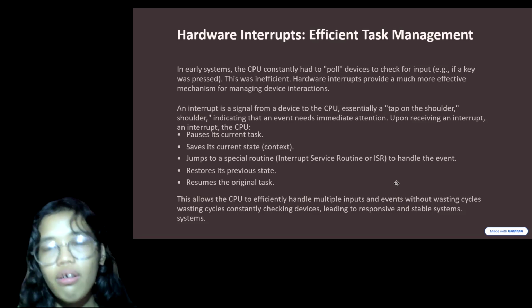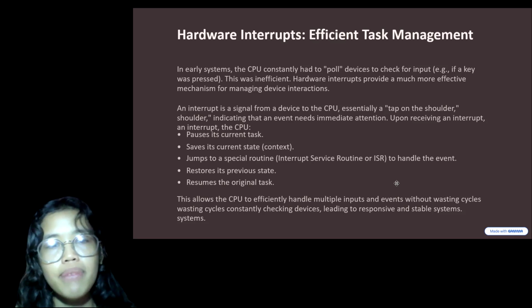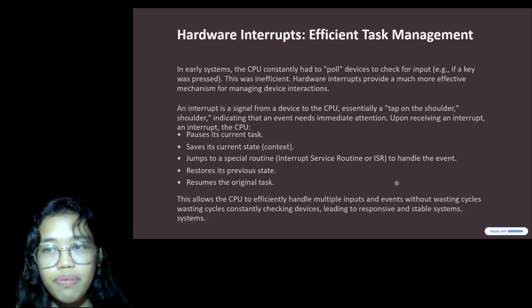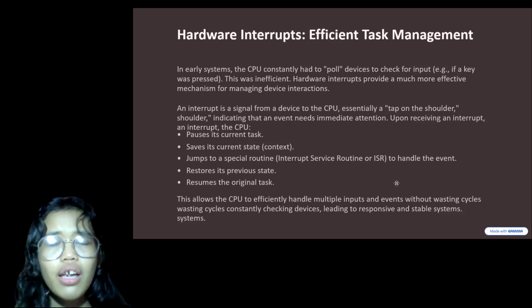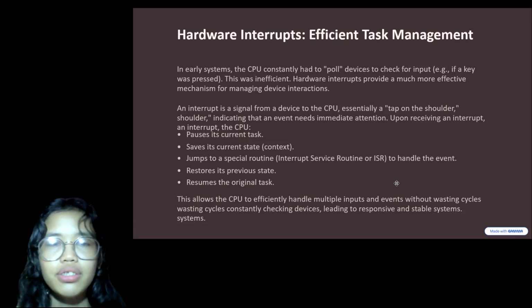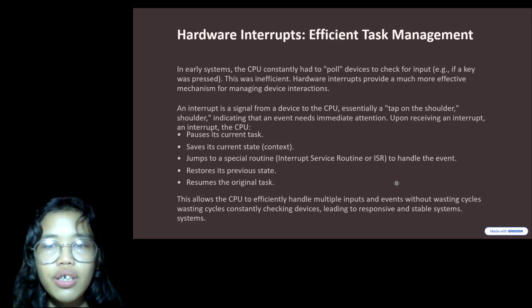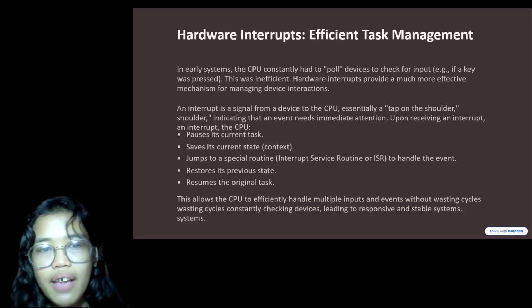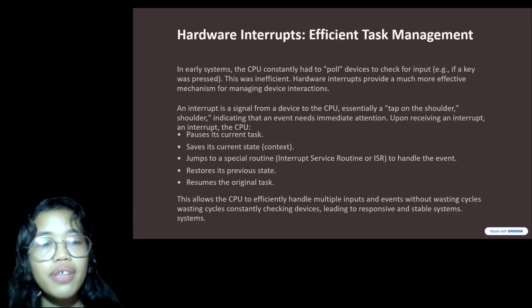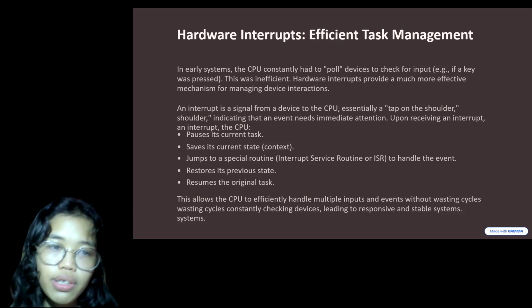Hardware interrupts provide a much more effective mechanism for managing device interaction. Hardware interrupts allow devices to signal the CPU. The process includes: the CPU pauses its current task, saves its current state, jumps to a special routine, restores its previous state, and of course resumes the original task.